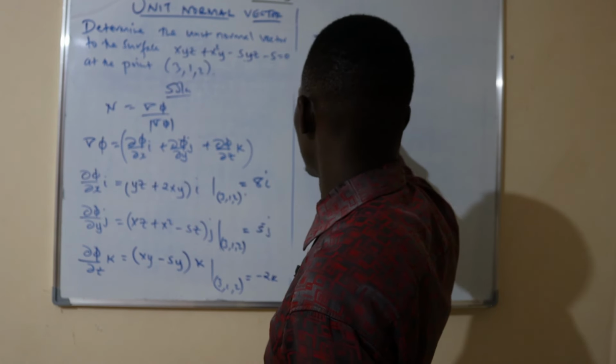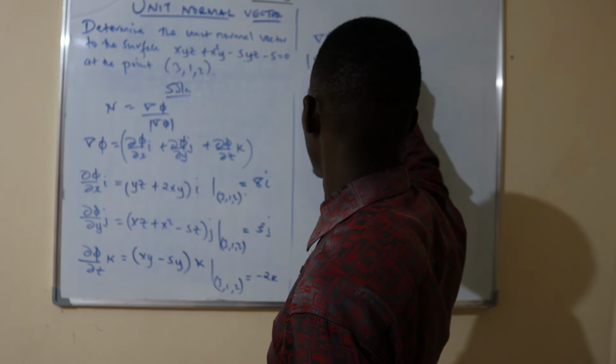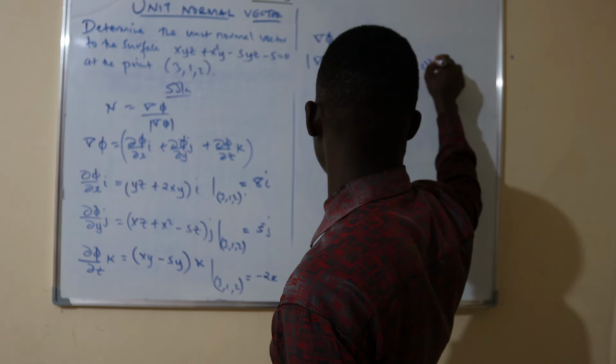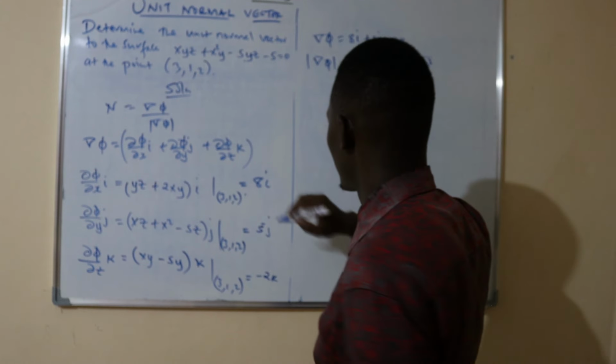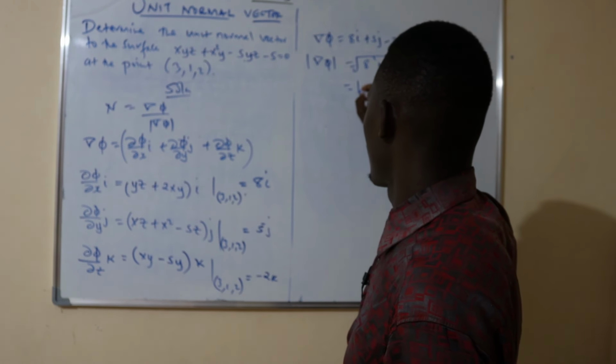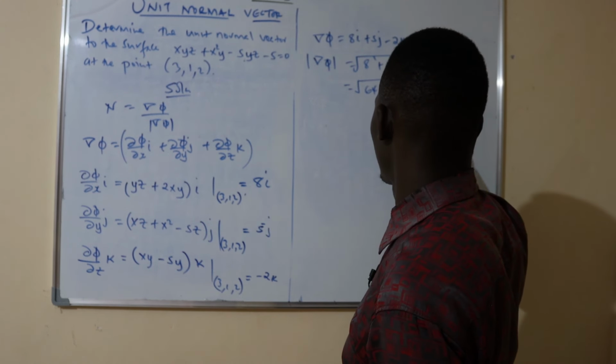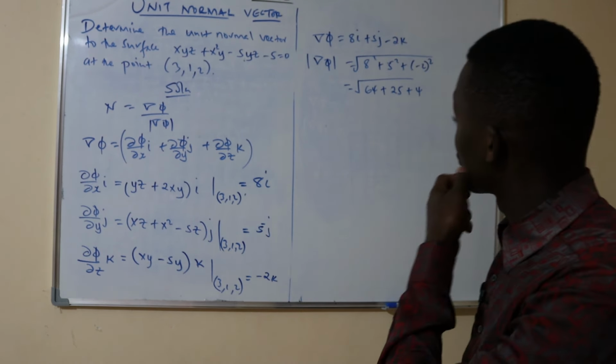Again, get the magnitude of that, which is given by 8 squared plus 5 squared plus negative 2 squared. Then you get the square root. So this one will be root of 64 plus 25 plus 4.